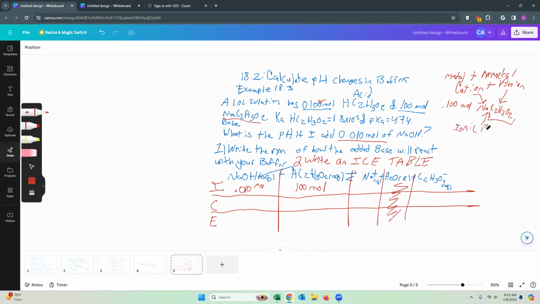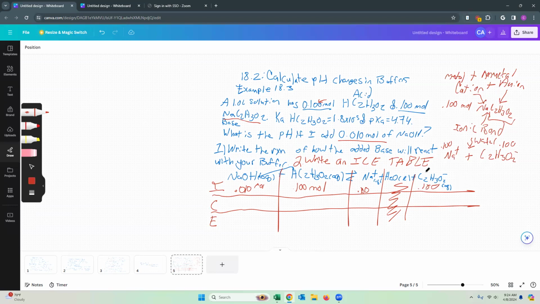This is something we learned back in General Chemistry 1. If I put an ionic bond in water, that ionic bond breaks apart, and so you get sodium plus C2H3O2 minus. So if I have 0.1 moles of this compound, when it breaks apart, I get 0.100 moles of sodium and 0.100 moles of acetate. So my initial amount of sodium is 0.100 moles, plus 0.100 moles of acetate.